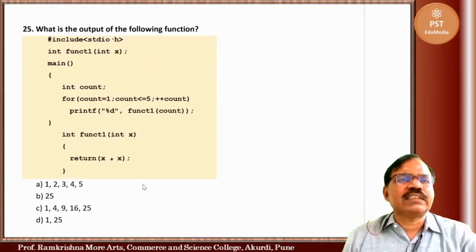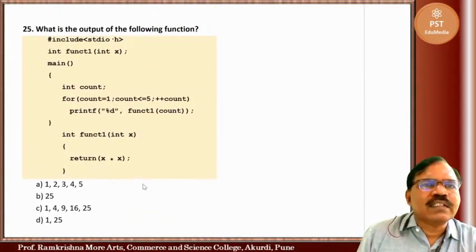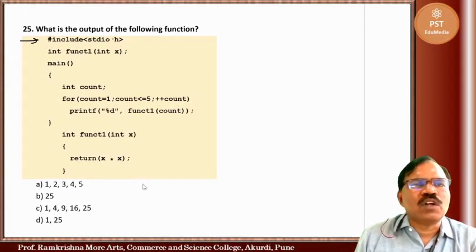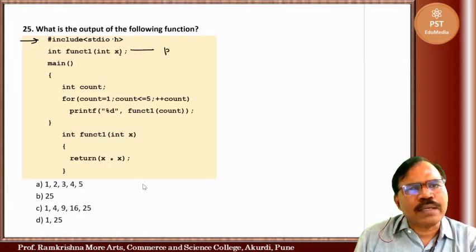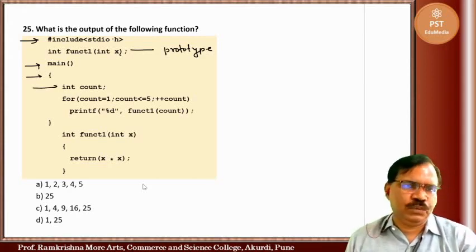Now what is the output of the following program? So see here, #include stdio.h, int funct1 int x. So this is the function prototype. Then it goes into main, int count.